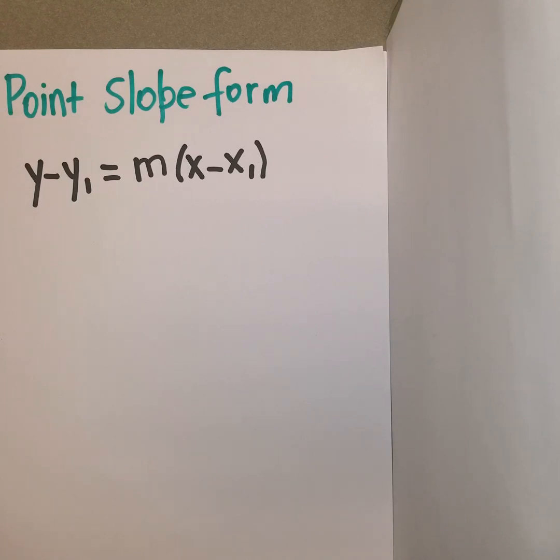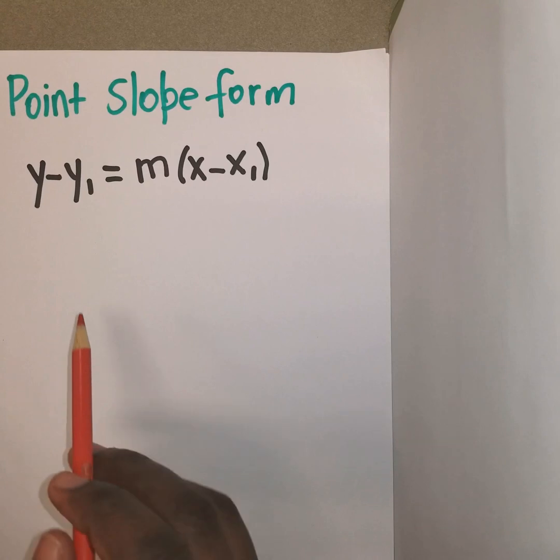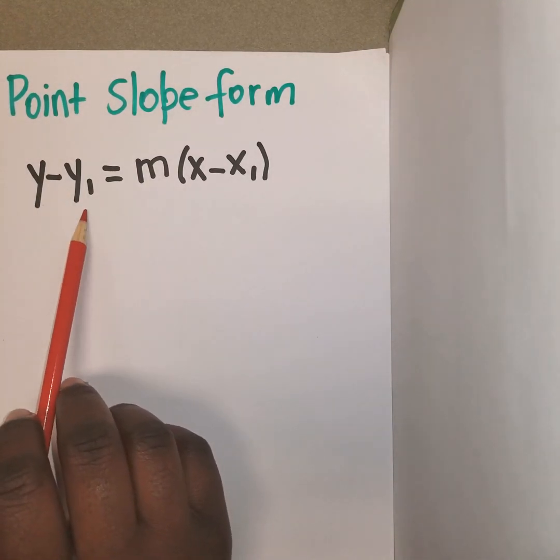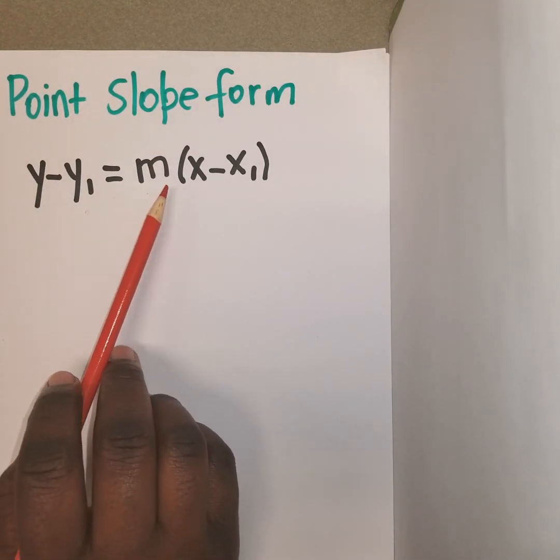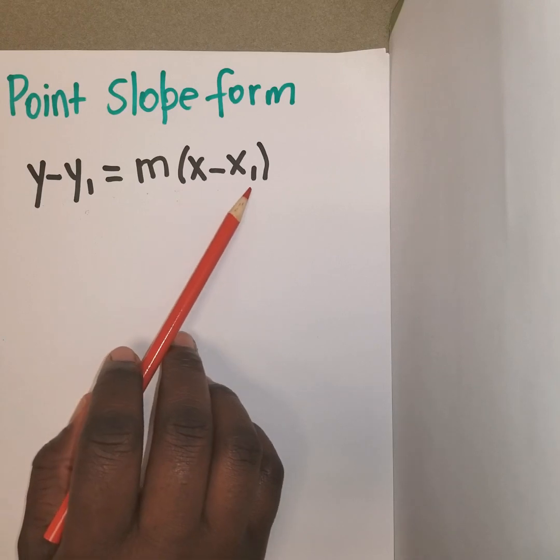Alright, so remember, the point slope formula is y minus y1 is equal to m, open bracket, x minus x1.